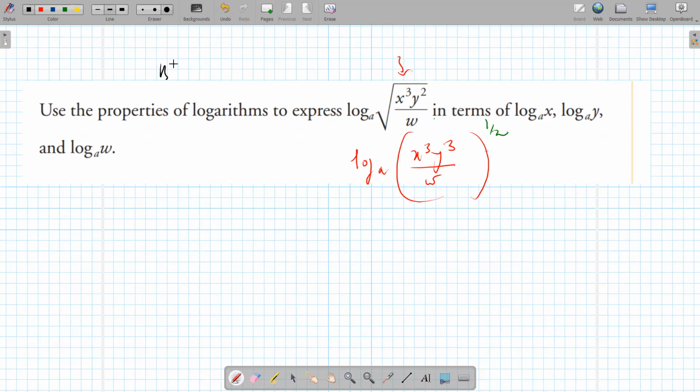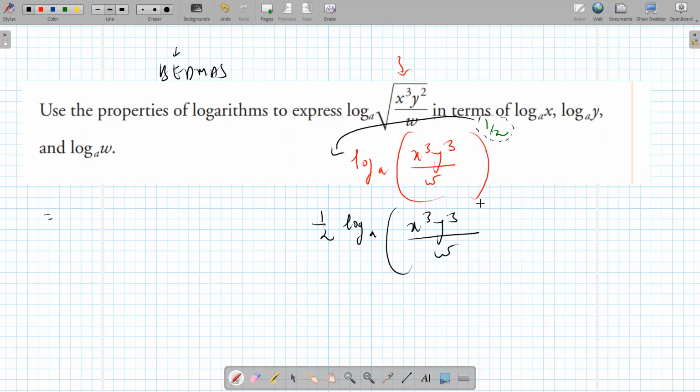Use BEDMAS. Which one do you do first? The E there stands for exponents, right? You're going to do exponents before you do the multiplication bit, okay? So what you can do is you can pull this guy down here. So it's going to become 1 over 2 times log base A of x cubed y cubed w.